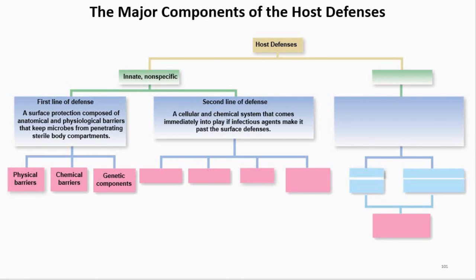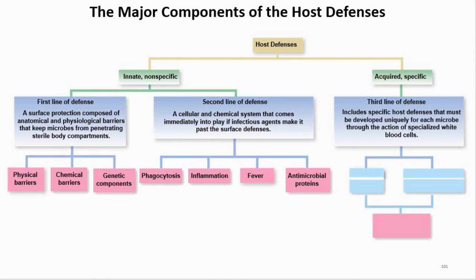Okay, these are cellular and chemical systems that are produced from cells, right? Includes phagocytosis, inflammation, fever, as well as antimicrobial proteins that we just finished with. And so what we're going to get into next chapter is acquired or specific immunity, which is the third line of defense. And this is memory.